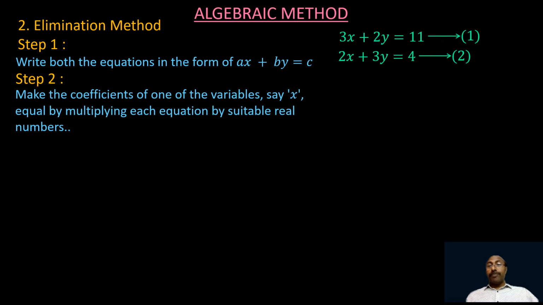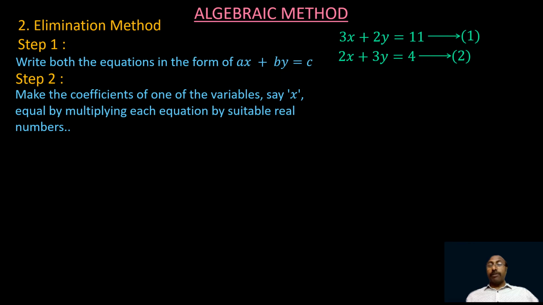We have to make the coefficients of either of the variables x and y equal by multiplying the equations by suitable real numbers. Usually we make the coefficients of x equal, and while making them equal, we make their coefficients equal to their LCM.